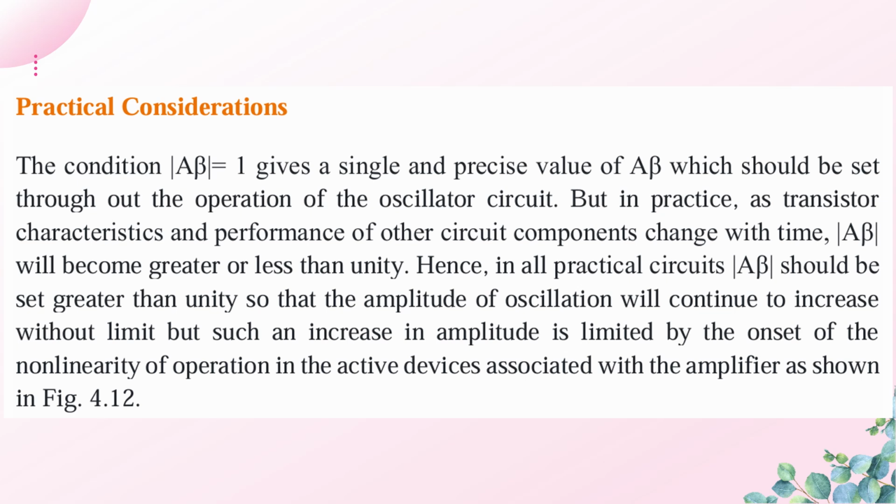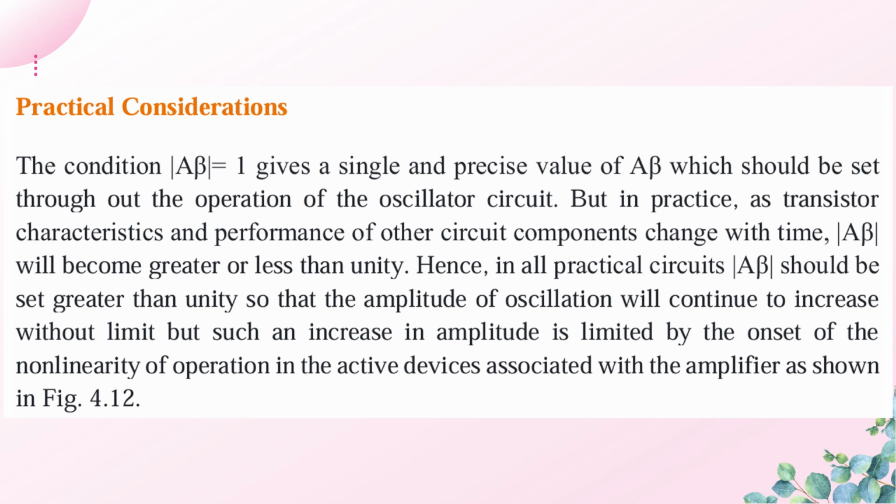Next is practical considerations. So the condition modulus A beta equal to 1 gives a single and precise value of A beta and which should be set throughout the operation of the oscillator circuit. But in practice, as oscillator characteristics and performance of other circuit components change with respect to time, modulus A beta will become greater or less than unity, so that it is very difficult to maintain a constant value of 1 for the parameter modulus A beta.